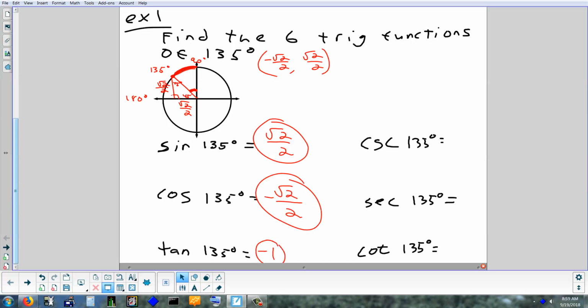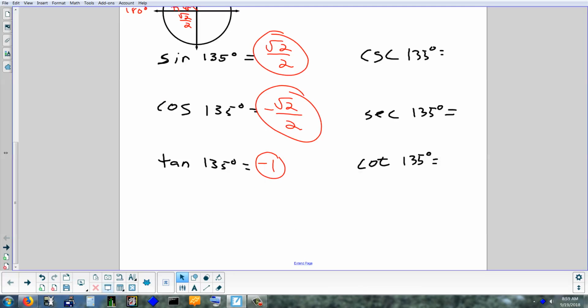So negative 1. So while we're down here, let's do the cotangent. If the tangent is negative 1, what's the cotangent? Yep, 1 on this side. So if you made that a fraction, what number is in the bottom? 1. And if you flip it, you have 1 over negative 1.